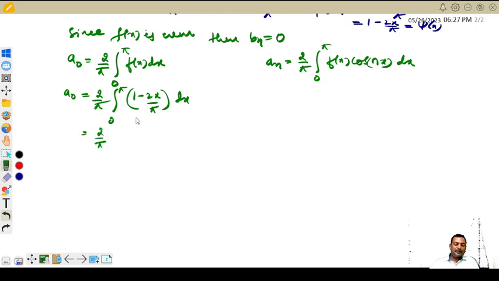So 2 by pi, integration of 1 is x, integration of x is x square by 2, between the limits 0 to pi.